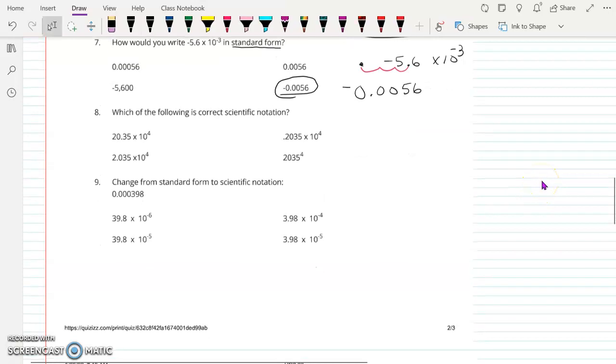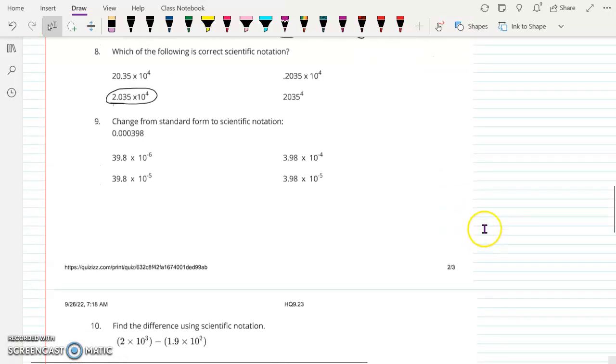Which of the following is correct scientific notation? Well, as we've said before, the first number has to be between 1 and 10. So the only number between 1 and 10 is this answer here. And this answer we're going to change from standard form to scientific notation, 0.0000398.